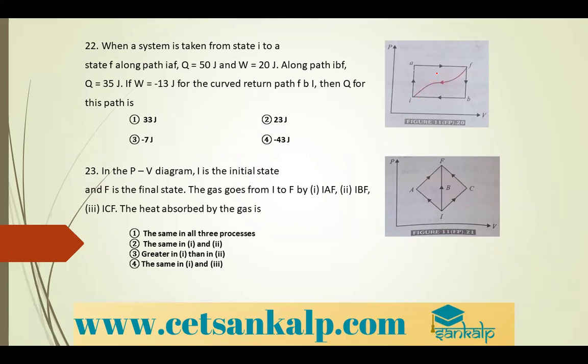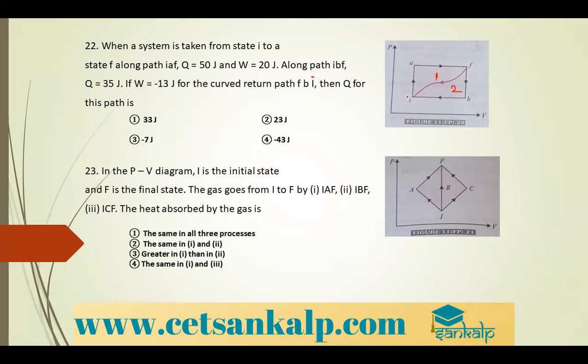This is the first one. This is the second one. Okay, so they told you to find the Q for this particular path. What is the Q for FBI? This is FBI. They have asked what it is for this path.